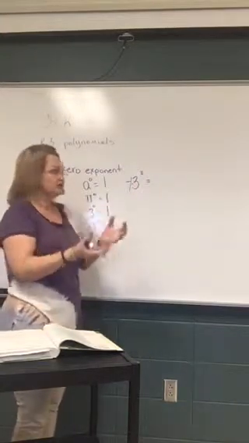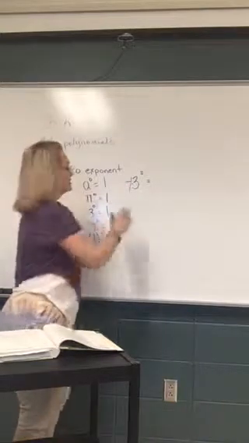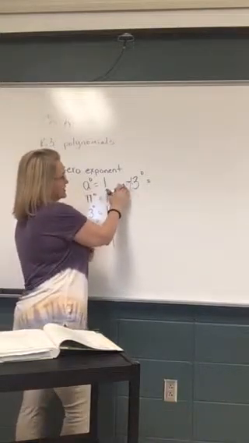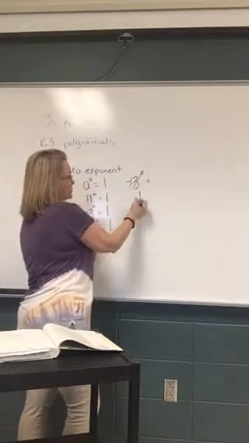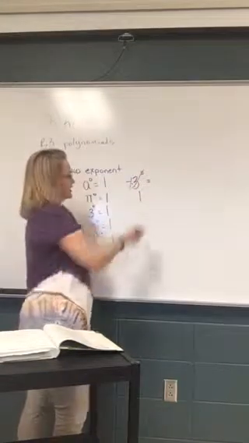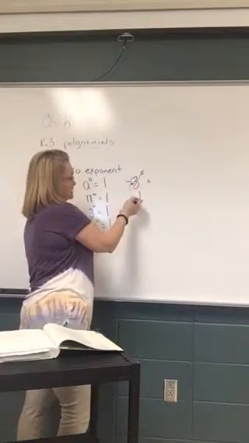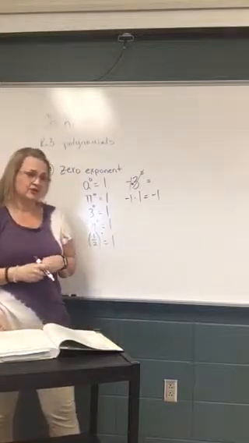Otherwise, it'd have a parenthesis to say, hey, this negative is also raised to the 0, and it does not. So it's a waiting negative. It's negative 1 times 3 to the 0. The 3 to the 0, as we've learned earlier, is 1. Any number to the 0 is 1, and then we would multiply it by the negative 1. So the final output there would be negative 1.